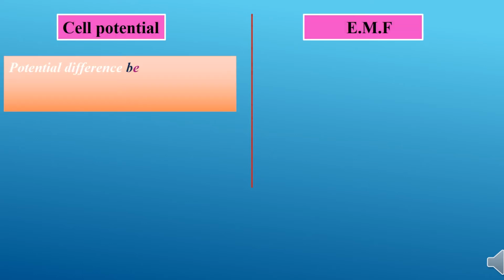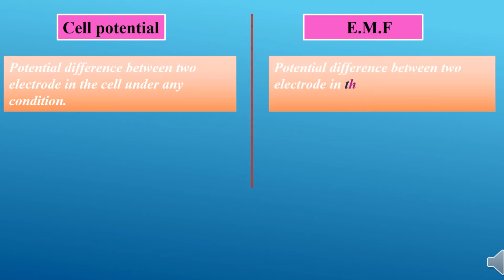First, cell potential is the potential difference between the two electrodes, cathode and anode, in the cell under any conditions. Whereas EMF is the potential difference between the two electrodes when no current is drawn through the circuit.